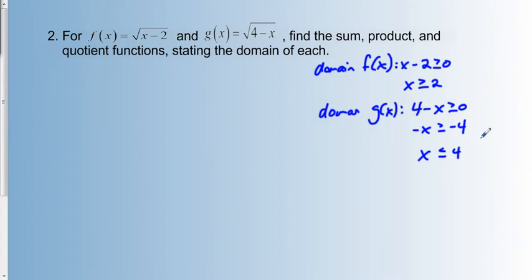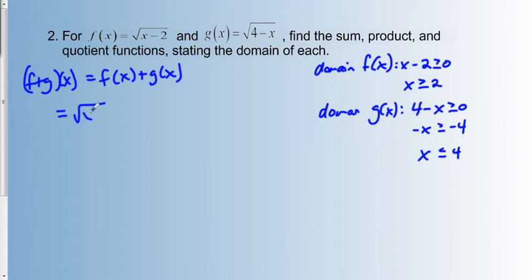So remember, the domain for the sum, difference, and product is whatever those two have in common. Now, for these problems, putting these together, well, isn't really going to be as exciting, meaning f of x and g of x, we can't combine those.